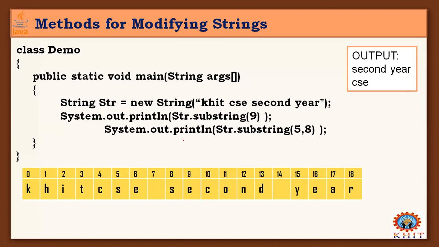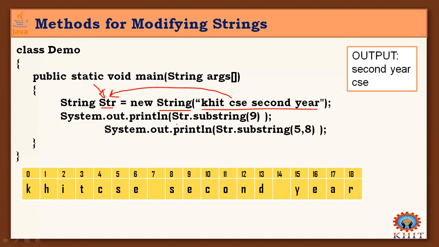Coming to this simple example program, I have a string object here, str, and it is initialized with the constructor with the string value, KHIT CSC second year. So this string is assigned to the object str.